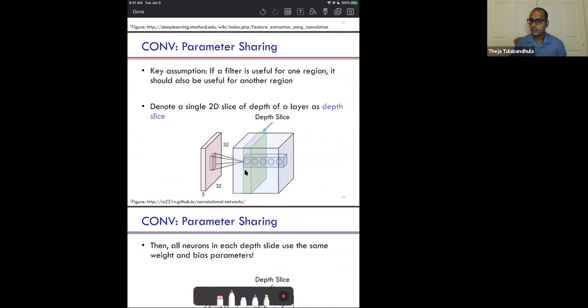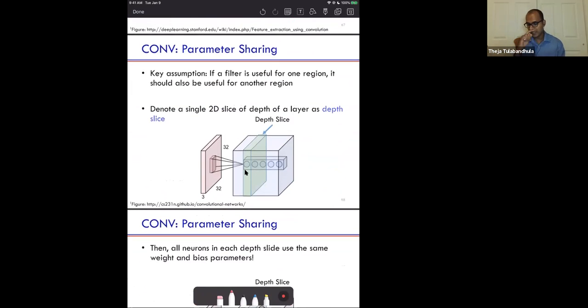Now let me come back to that idea of reduction in the number of parameters. Each filter, essentially the weights, are being reused. Think of this particular filter. All these neurons are using the same filter weights.